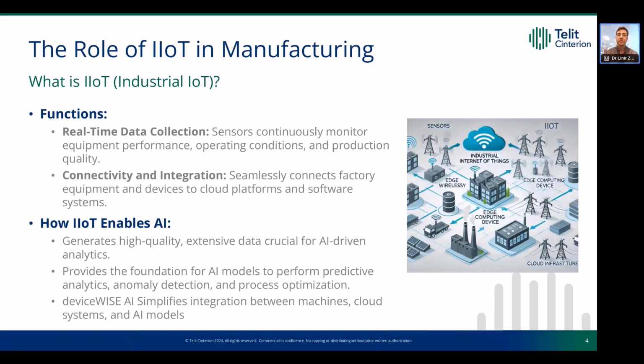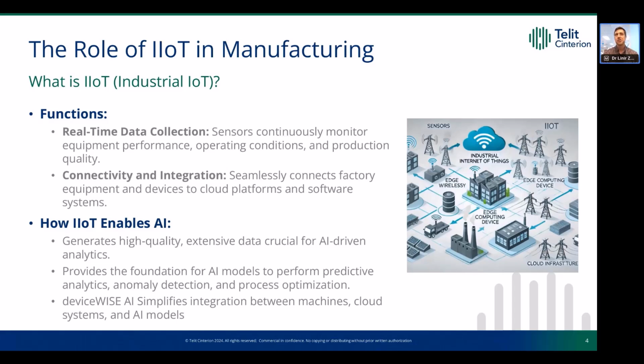Sensors continuously monitor equipment performance, operating conditions, and production quality. We have all this data. And as mentioned before, we also have the connectivity and integration, which seamlessly connects factory equipment and devices to cloud platforms and software systems. So again, we have much more data that can now be stored locally or on the cloud. And how does IIoT enable AI?